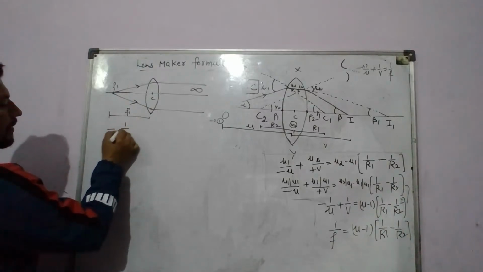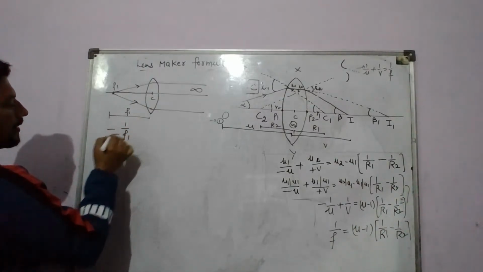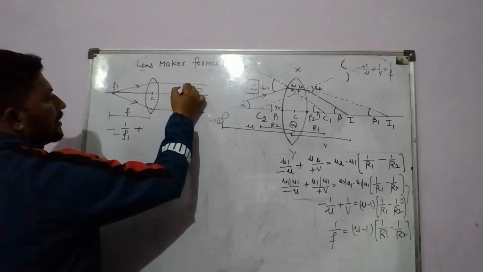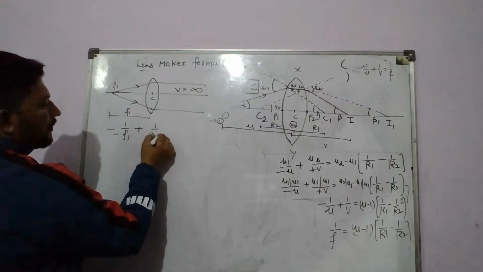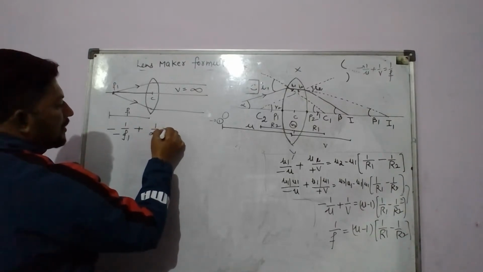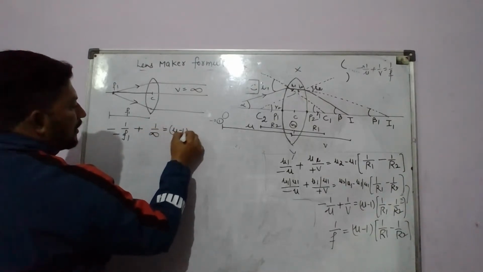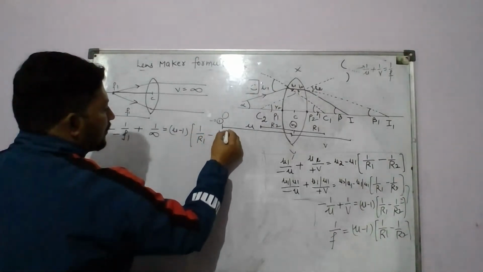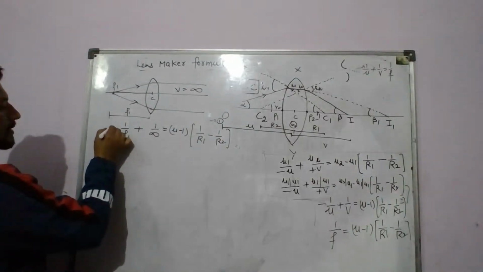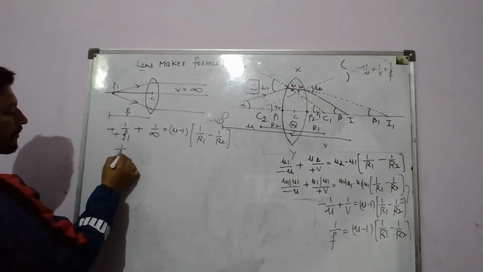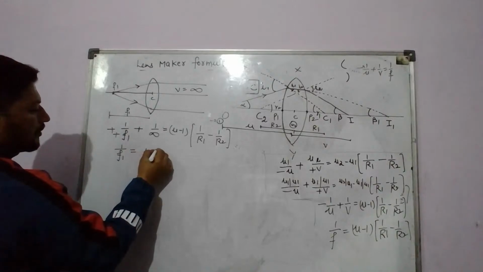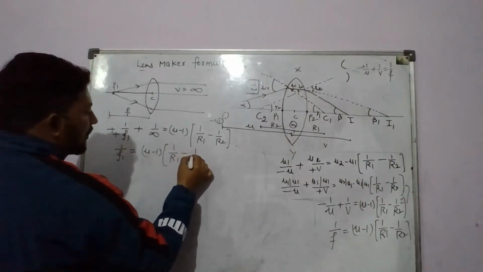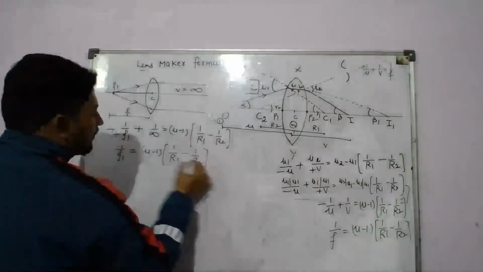So minus 1 upon minus f1 plus 1 upon v. v is equal to infinity, so 1 upon infinity is equal to mu minus 1 times 1 by r1 minus 1 by r2. So minus minus cancel out. So the first focal length is equal to mu minus 1 times 1 by r1 minus 1 by r2.